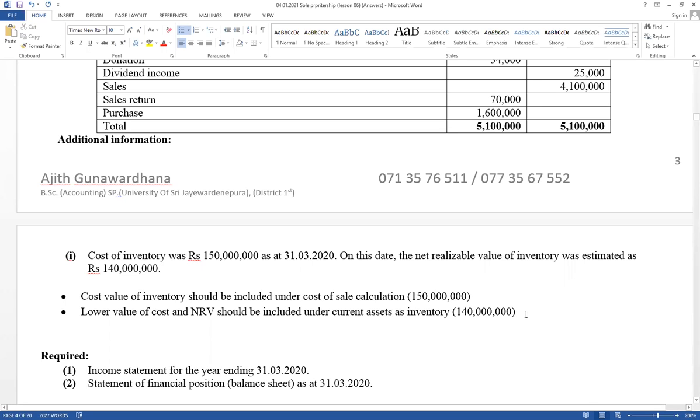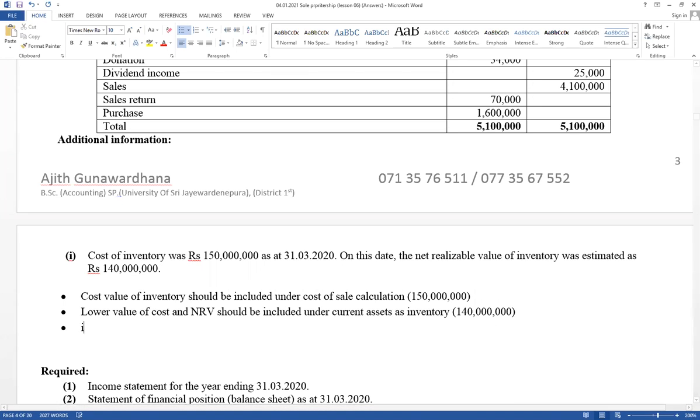And next one, if net realizable value, very important, if net realizable value is lower than cost value, the difference value should be included under other expense, income statement.